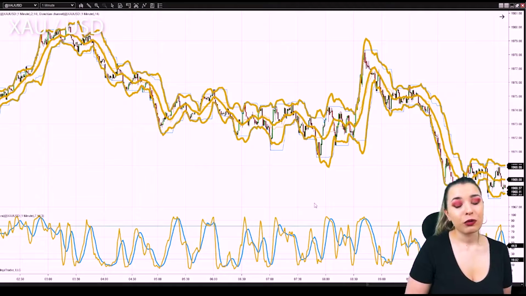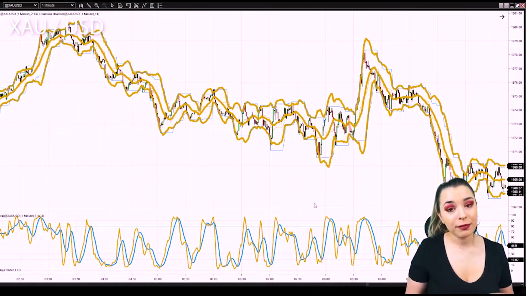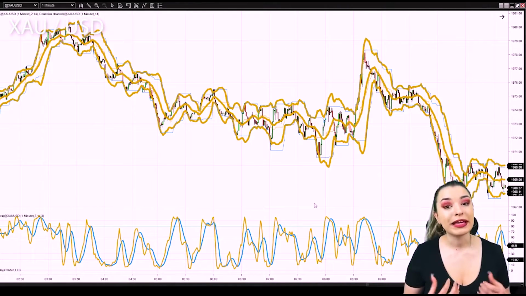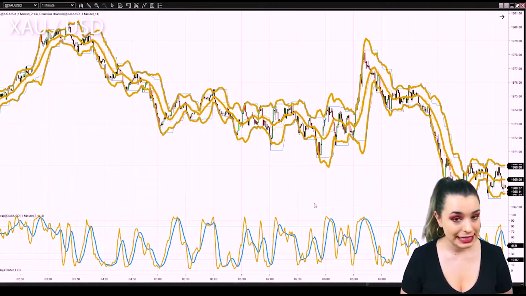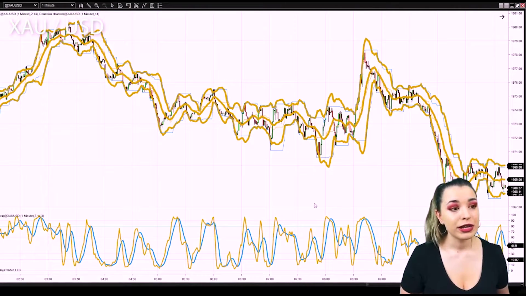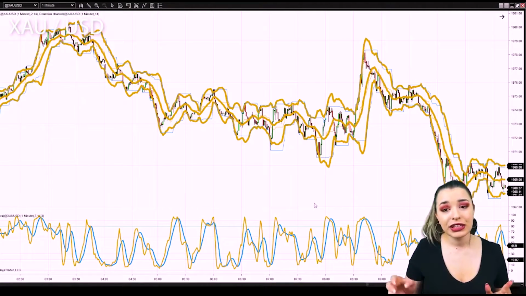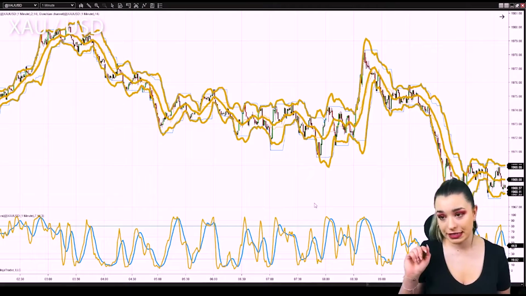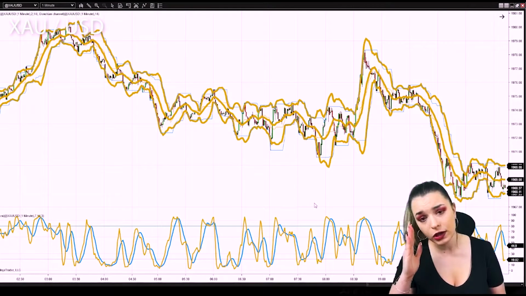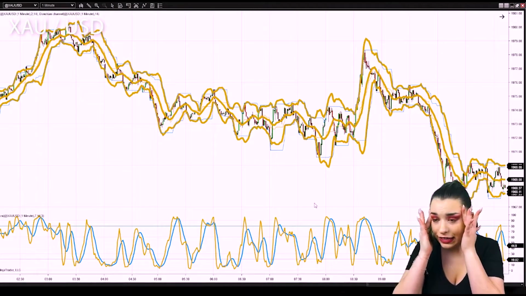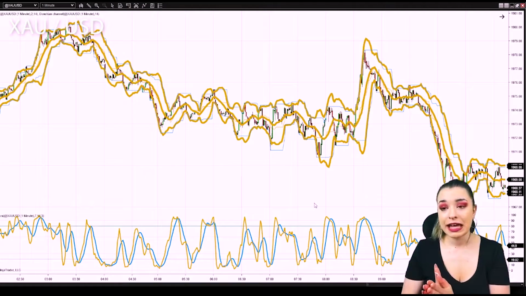So that's where price action trading strategies come in to help you guys make the most out of your trading day, in terms of the price action trading patterns that you can identify using just the chart that you're looking at. But definitely not this chart, because this is just a bunch of squiggly lines that gives me headaches just by looking at it.